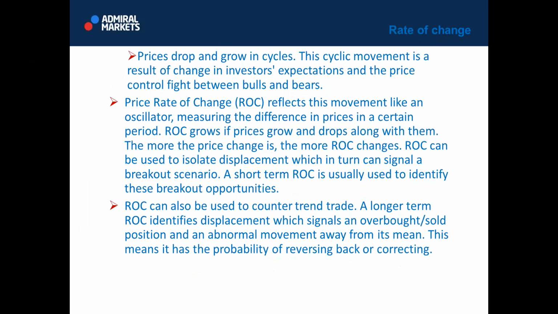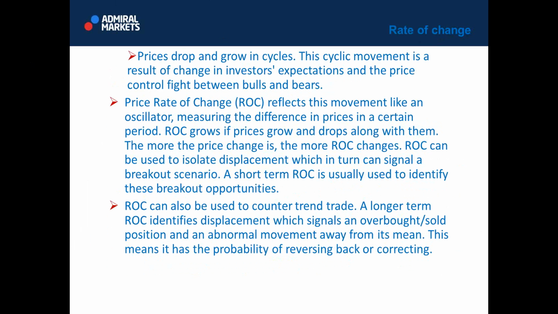ROC can be used to isolate displacement, which in turn can signal a breakout scenario. A short-term ROC is usually used to identify these breakout opportunities. It's 10. ROC can also be used to counter trend trade. A longer-term ROC identifies displacement, which signals an overbought or oversold position and an abnormal movement away from its mean.